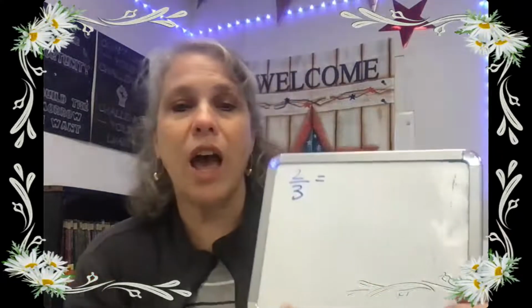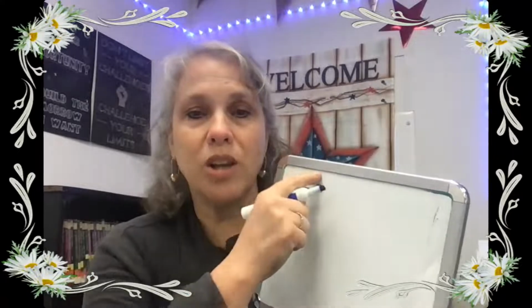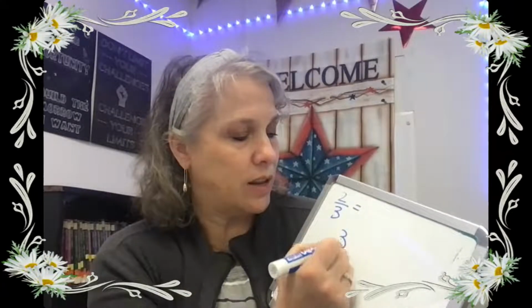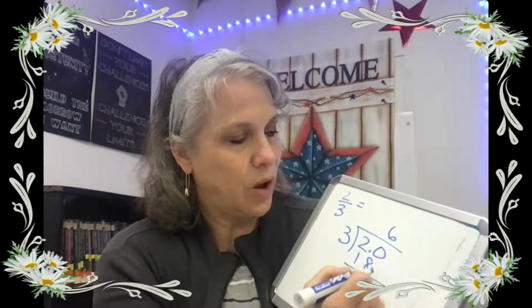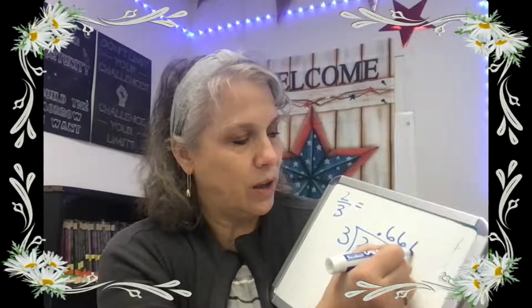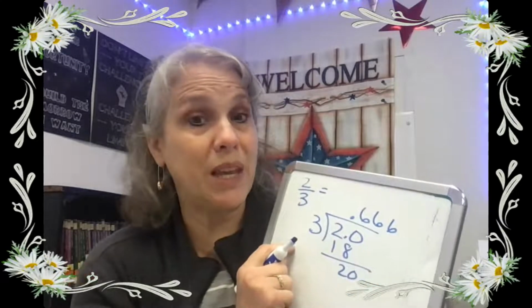So no matter what my fraction is, for example, if I had 2/3, I can divide the bottom number into the top number to get a decimal. So 3 into 2, 3 goes into 20 6 times. Oh, look at that. It's going to keep going. So it's 0.6 repeating.